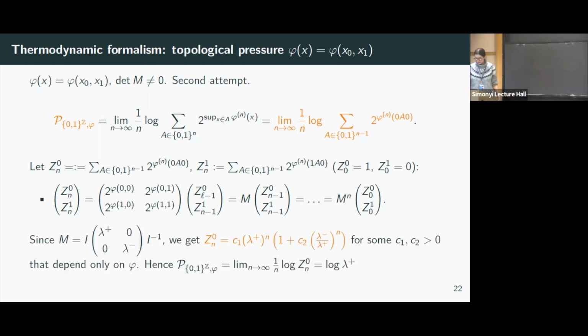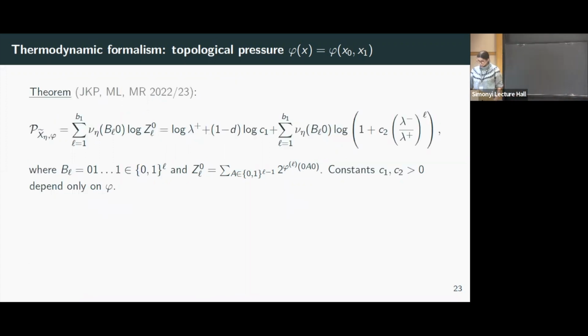Since we can decompose M with such a diagonal matrix in the middle, we get a formula for z_{0,0} pretty right away. It looks like this. There are some constants C1, C2 that depend only on the matrix, so they depend only on the potential. And if you plug this in here, you arrive at the logarithm of lambda plus.